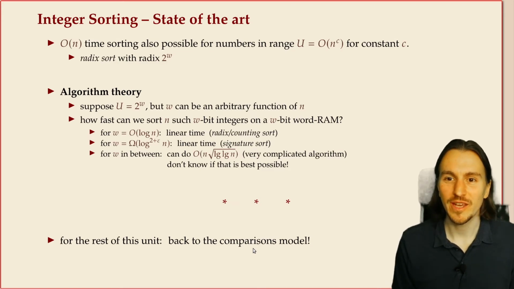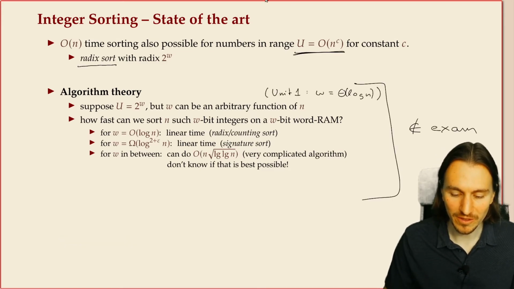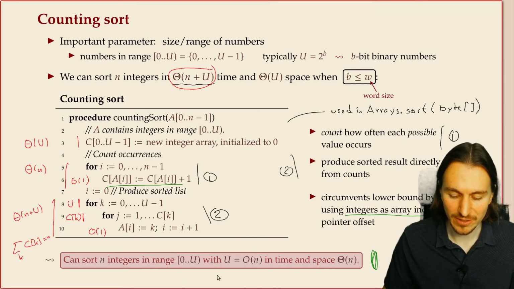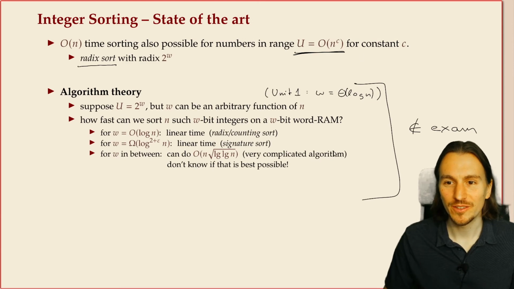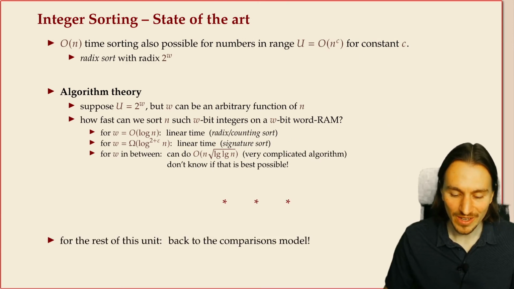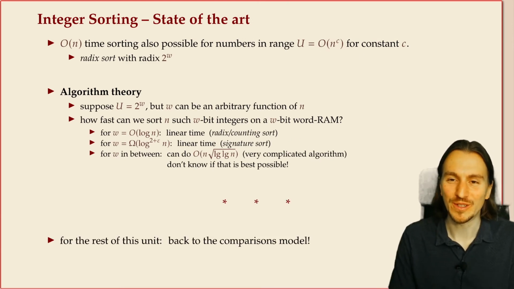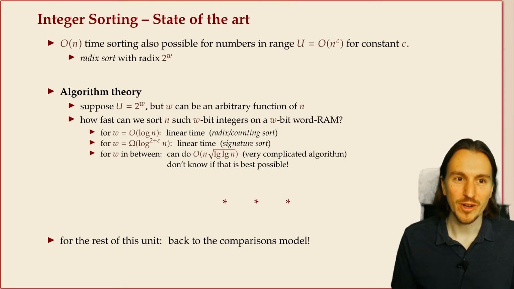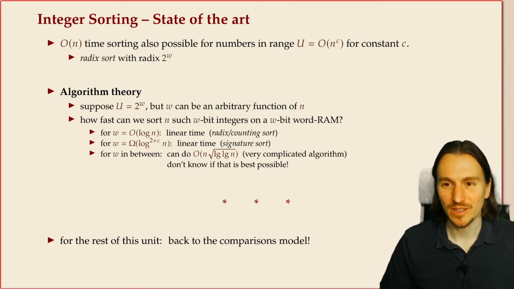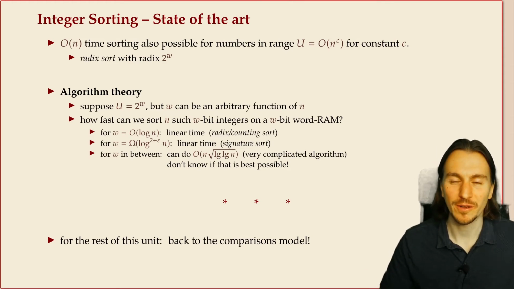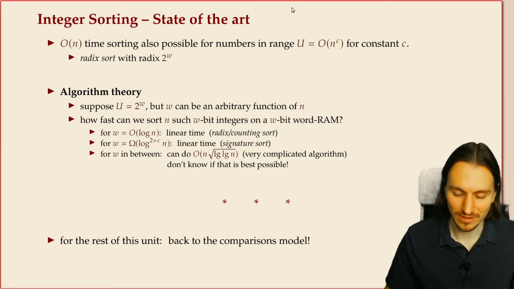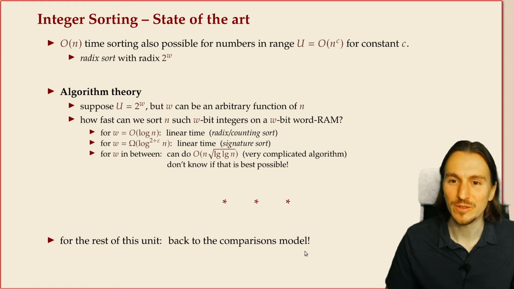What you need to take from this subsection is really this box down here. And the general gist from this, that there is a little bit more to sorting than the comparison-based model. But both for practical applications and for the rest of the theoretical topics, we will restrict ourselves to the comparison model in this unit.